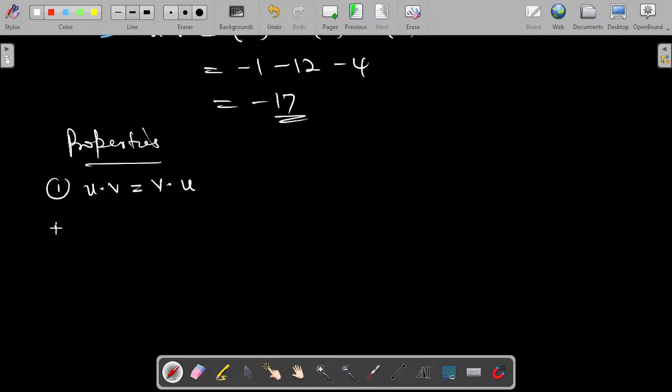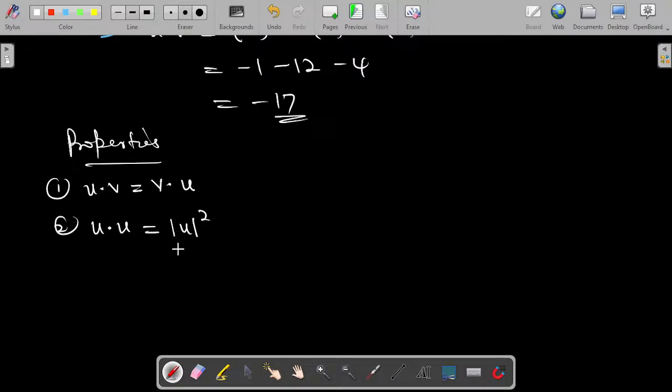Okay, now let me try to mention another one. Another property you should see is that u dot u is the same thing as the magnitude of u raised to power 2.